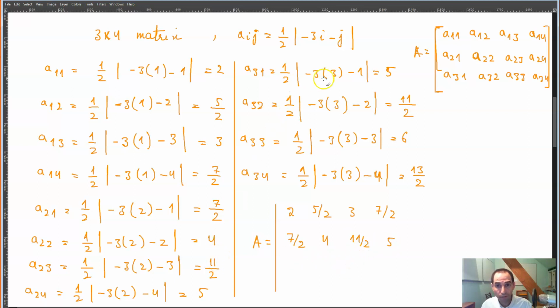And then you have here basically 5, 11 halves, 6, and 13 halves. And that is a 3 by 4 matrix.